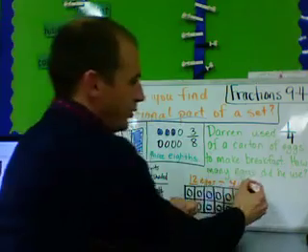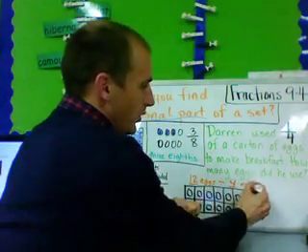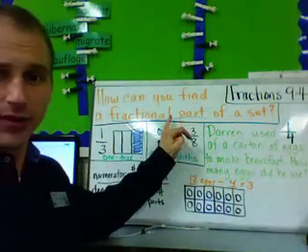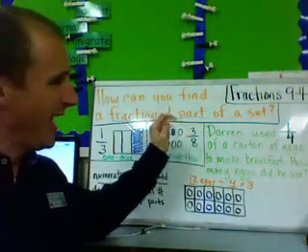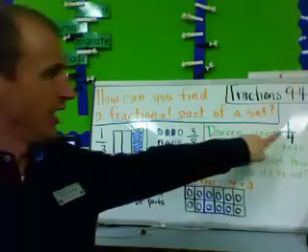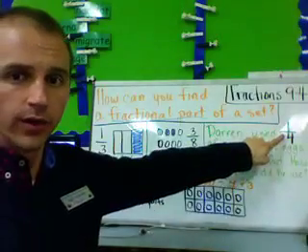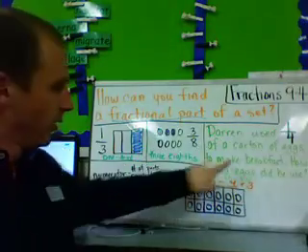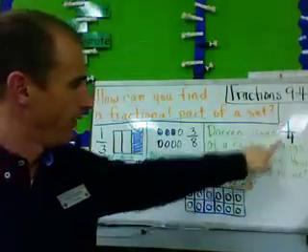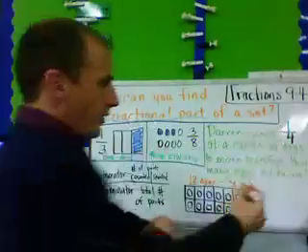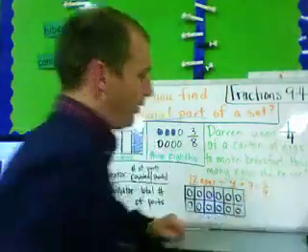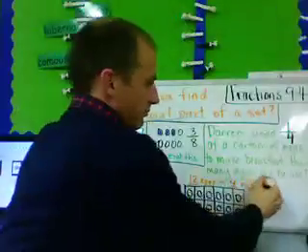Hopefully you figured out that 12 divided by 4 is 3. And so when we're looking at a fractional part of a set, we're looking at how many eggs are going to equal 1/4. We have a total of 12 eggs. We have 1 part out of 4. 1/4 is going to equal 3 eggs.